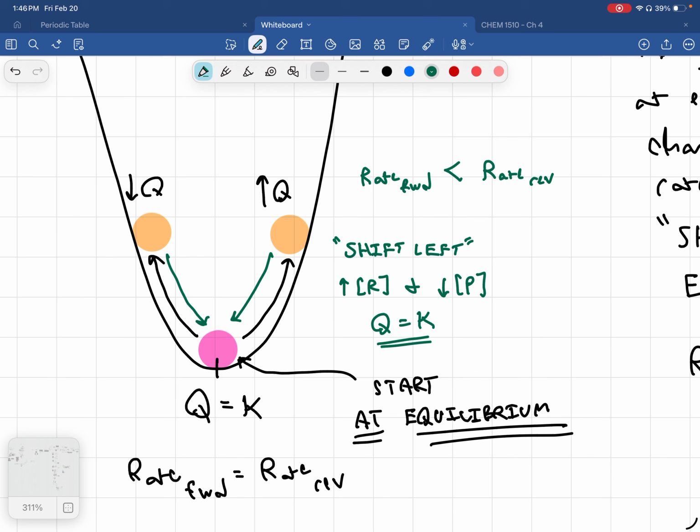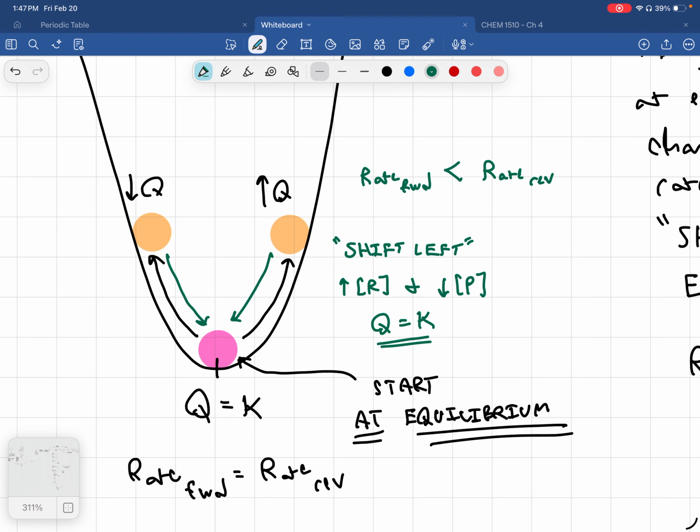And there's multiple ways to do that. We could do something that causes the reverse rate to get faster without changing the forward rate, or we could do something to decrease the forward rate while the reverse rate remains constant. Either way, by making the mismatch such that the reverse rate is now faster than the forward rate, that is why it shifts left, okay?